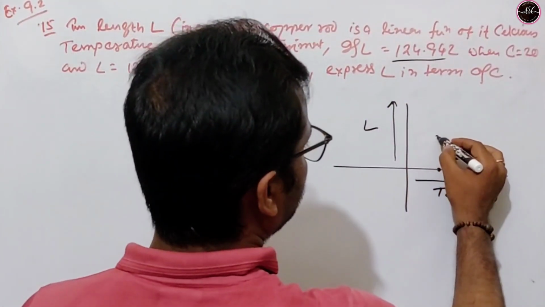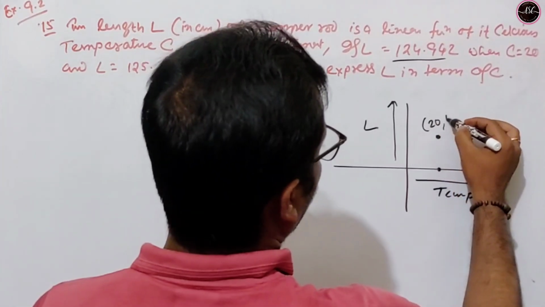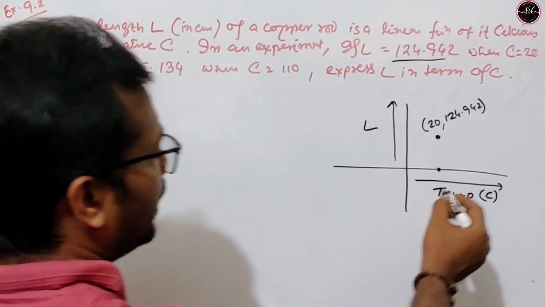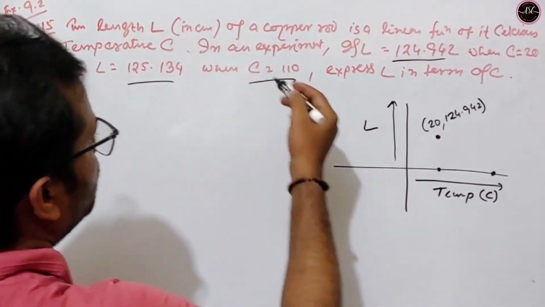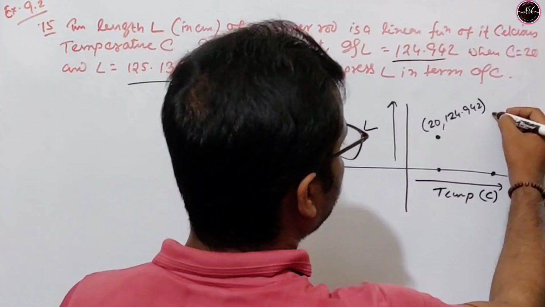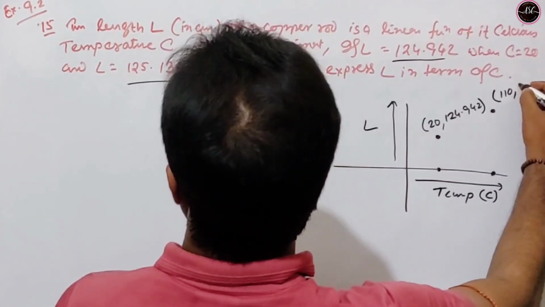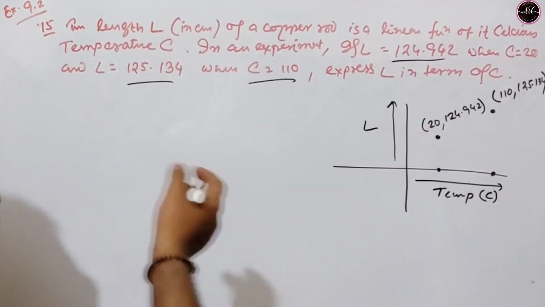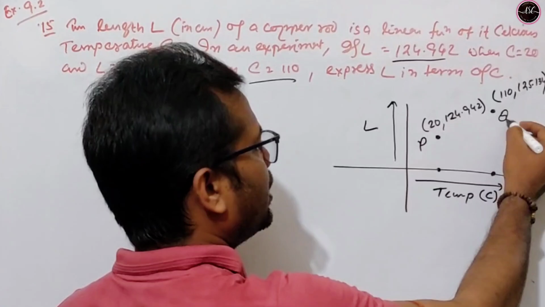So here this point, we get the coordinate 20, 124.942. And when C is 110, the length is 125.134, that means this point. So 110 comma 125.134. Here we get 2 points P and Q.